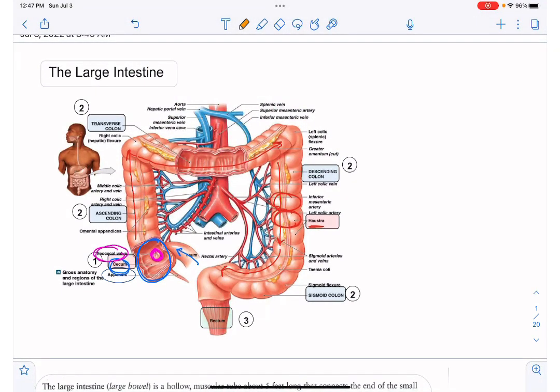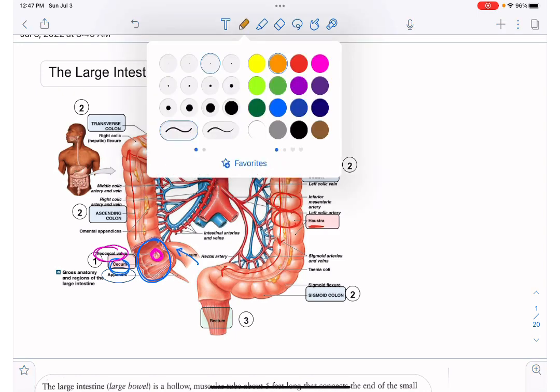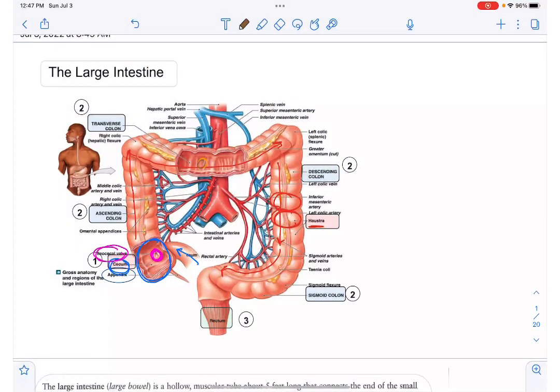Well, the material within the haustra is going to be pinched back and forth. It's going to be pinched, separated, and pushed against the walls of the haustra.